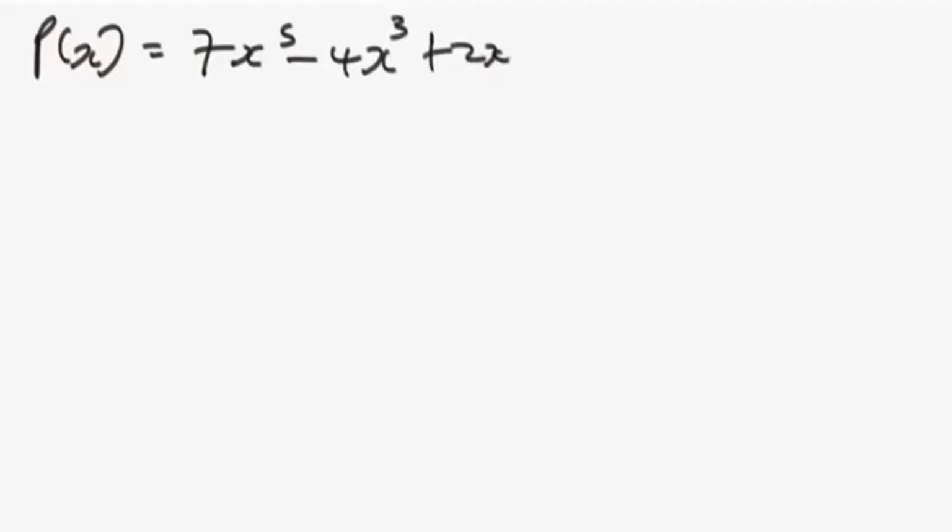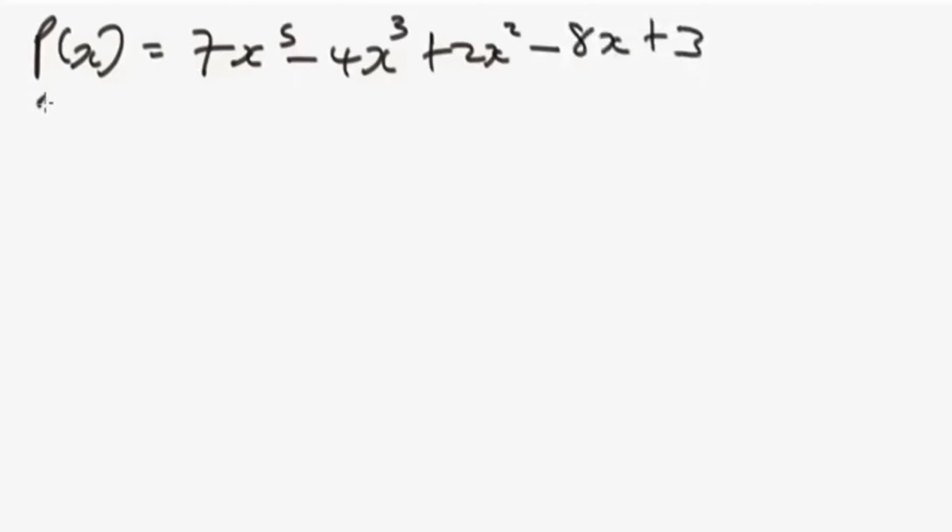So we are given p of x to be 7x to the power 5 minus 4x cubed plus 2x square minus 8x plus 3.